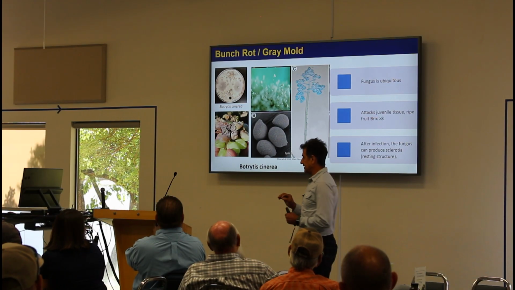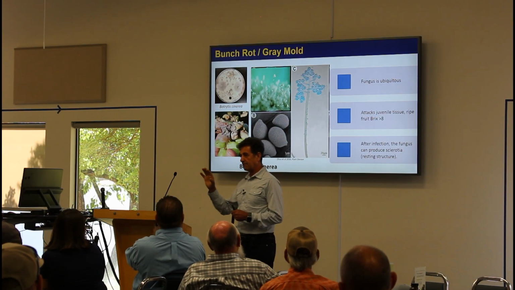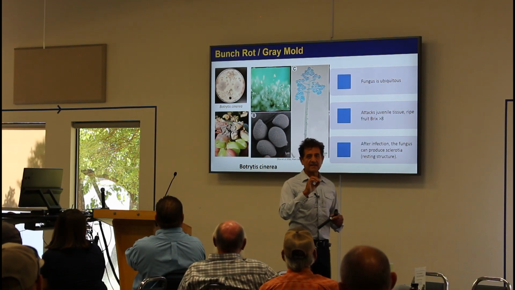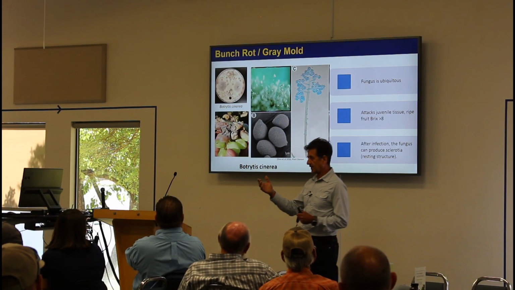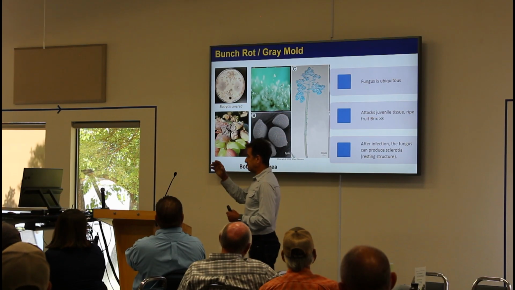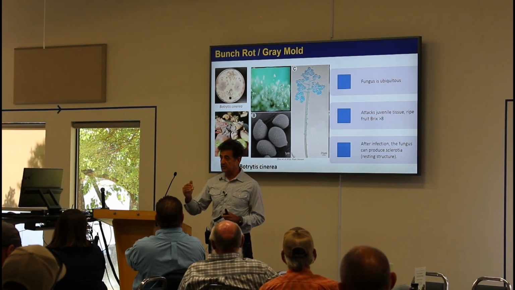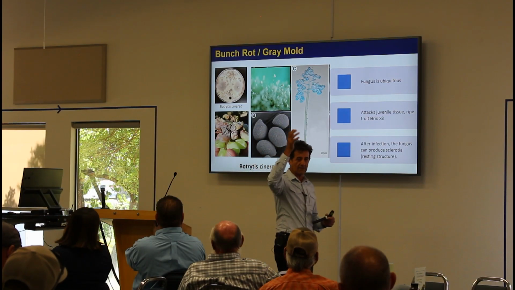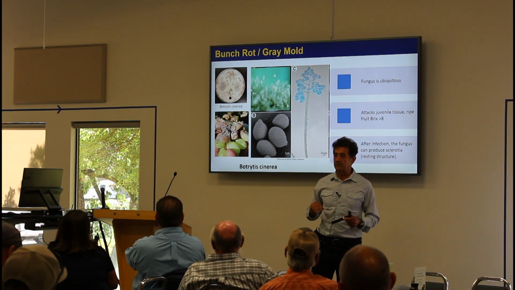The difference between Botrytis and powdery mildew is that powdery mildew cannot handle sugar. It attacks the berries or grapevine in the early stage. When the Brix level turns above 12, it cannot colonize the fruit.